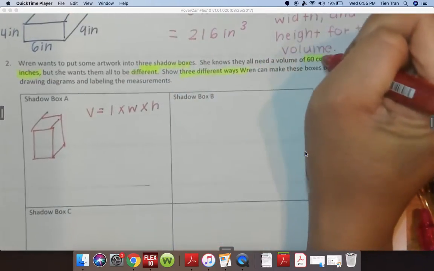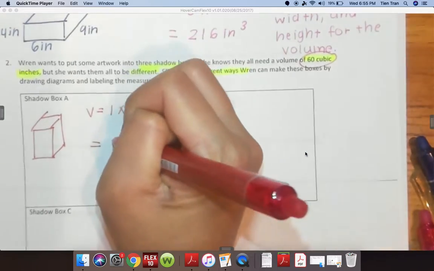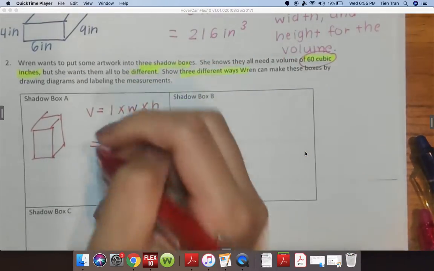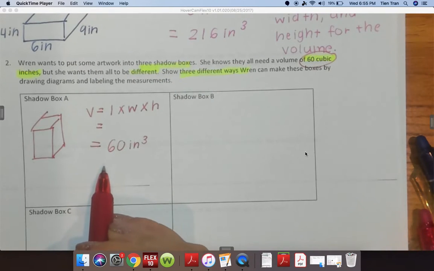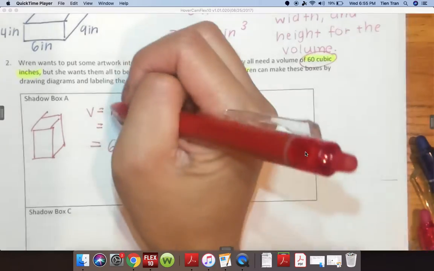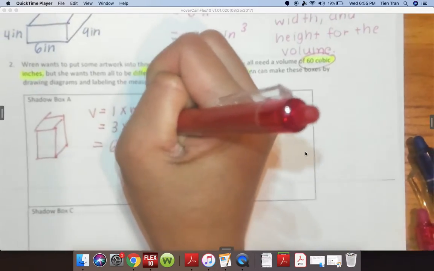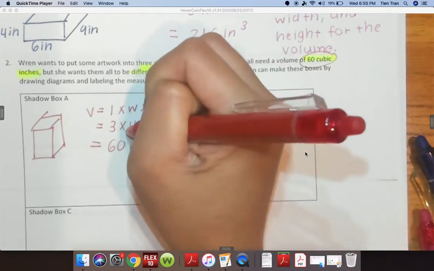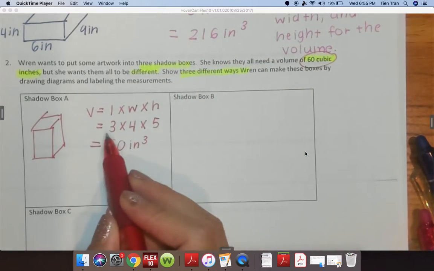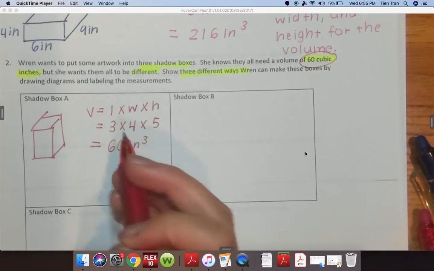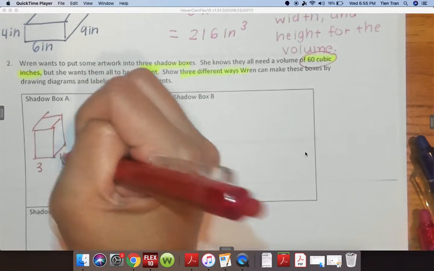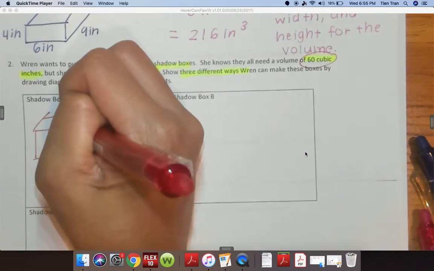And I know that she has 60 cubic inches. So I need to think of a figure that would equal to 60 when I multiply 3 different numbers. So 3 times 4 is equal to 12, and 12 times 5 is equal to 60. So that would be a length, width, and height that I can use. So right here is 3 inches for the length, the width is 4 inches, and your height is 5 inches.